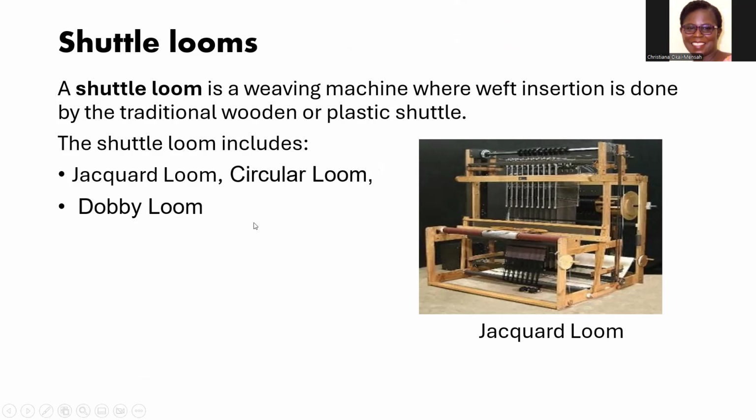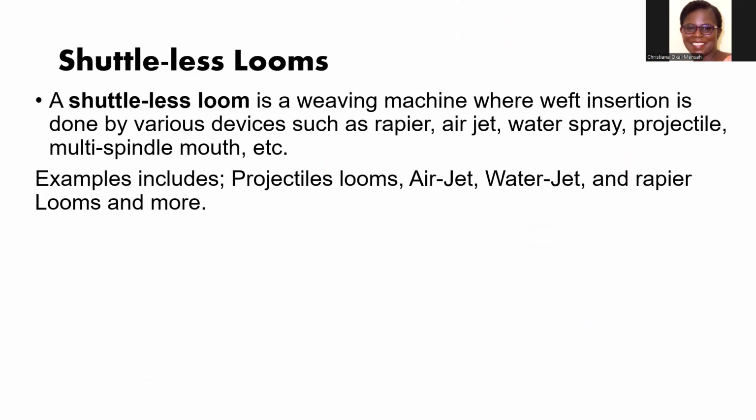The shuttle loom is a weaving machine where weft insertion is done by a traditional wooden or plastic shuttle. The shuttle looms include the jacquard, the circular loom, and the dobby looms. We can read more when we go online.